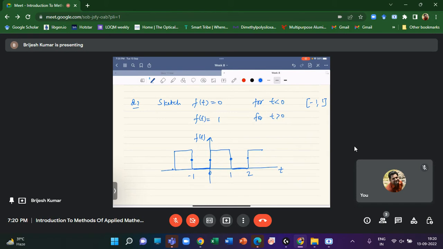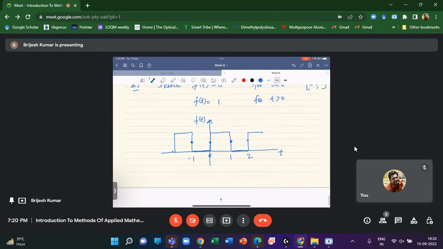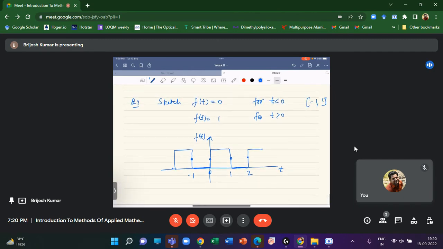But t greater than 0 is 1, no? Yes, but our fundamental period is given as minus 1 to 1, so f of t plus 2 will be f of t, right?